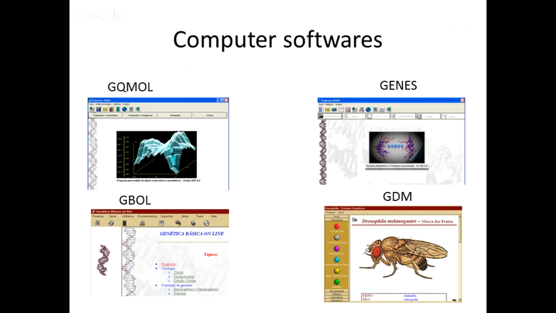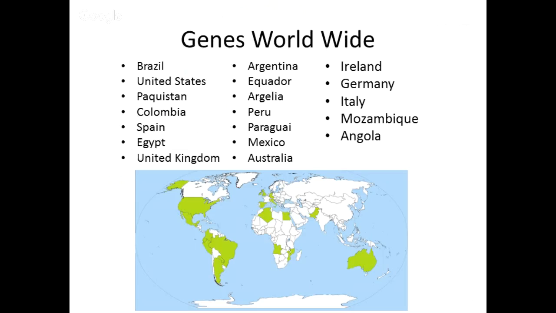The Genius software is used for experimental statistics, genetic diversity and biometrics study. The GBOL is software used to teach students about genetics, and this GDM is software developed to study Drosophila melanogaster genetics.